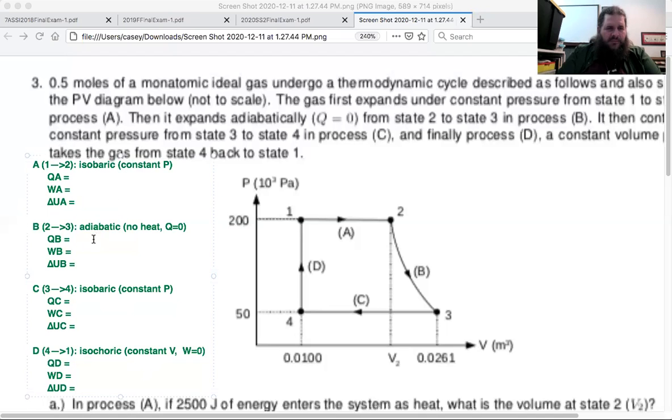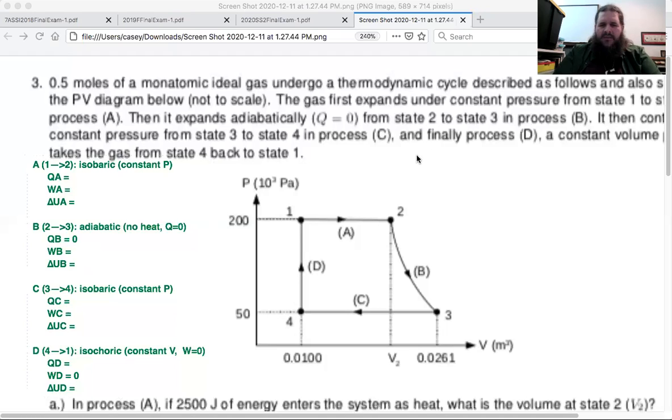We know heat B is 0 because it's specifically stated as adiabatic, which tells us that work B and delta U B are the same value. So if we know either one of those, we immediately know the other. Anything else? And then for D, work would be equal to 0. Yeah, definitely 0 work there, because that's isochoric.